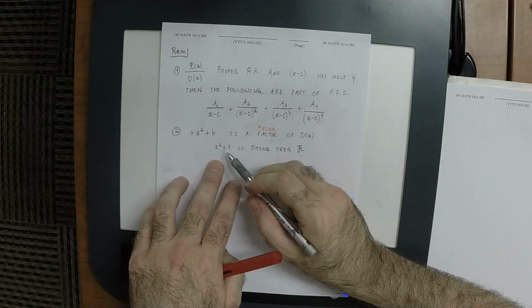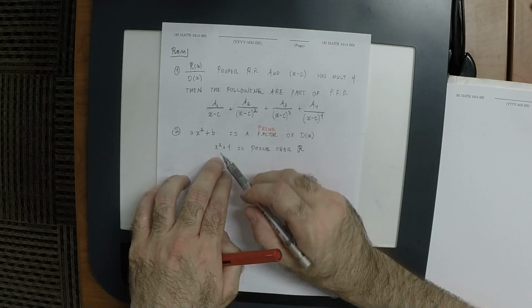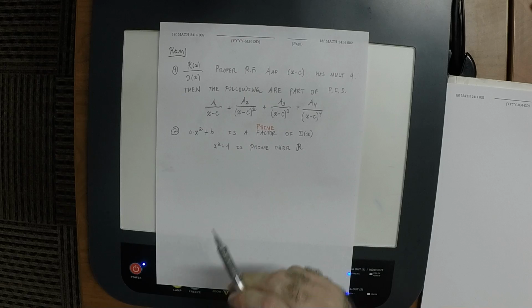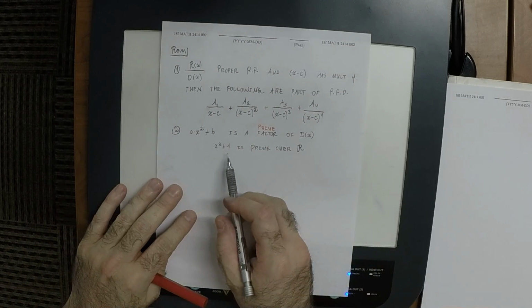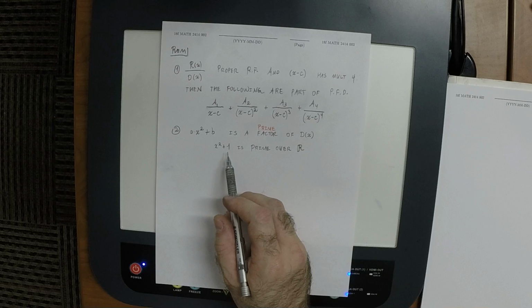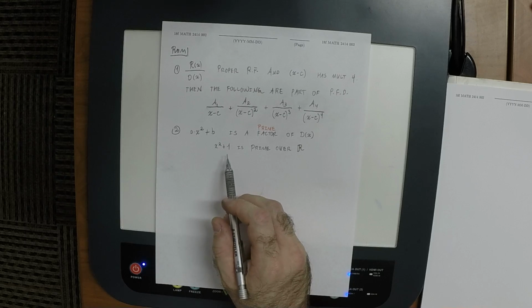Because, consider, does this factor in the reals? So can you write it as x minus something multiplied by x minus other something? You can't, because this doesn't factor, right? It doesn't factor in the reals. It factors in the complex numbers. It factors as x minus the imaginary unit, i, multiplied by x plus the imaginary unit, i.